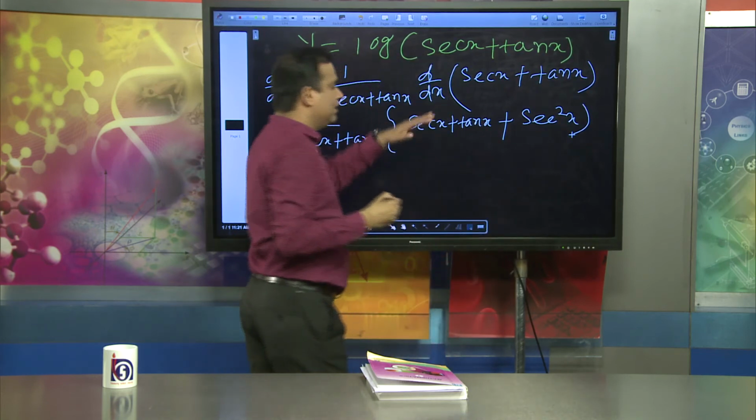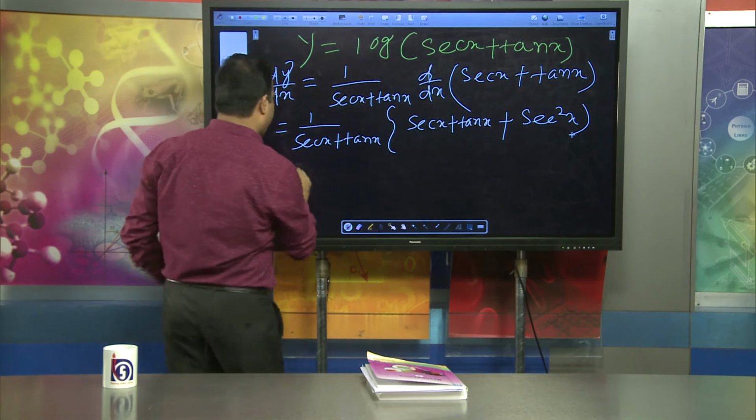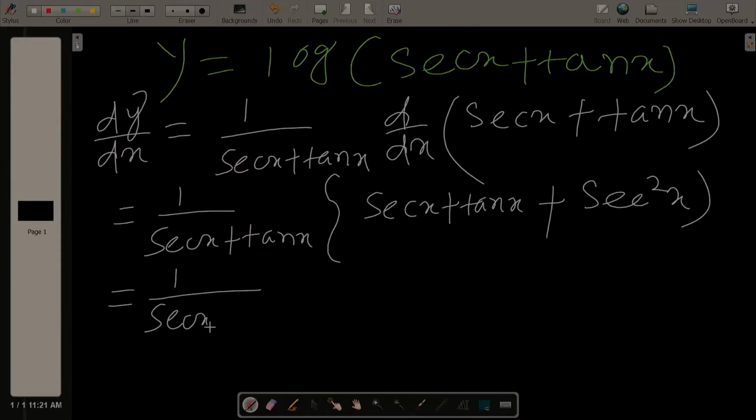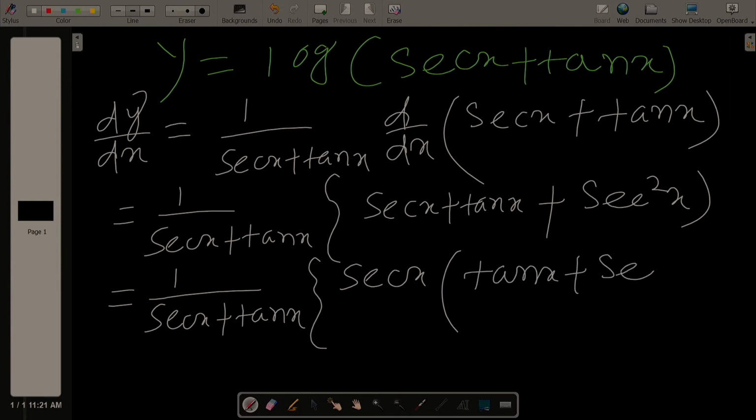I just applied the formula. Then we get 1 by sec x plus tan x multiplied by sec x into tan x plus sec x... taking sec x common, the value will be tan x plus sec x.